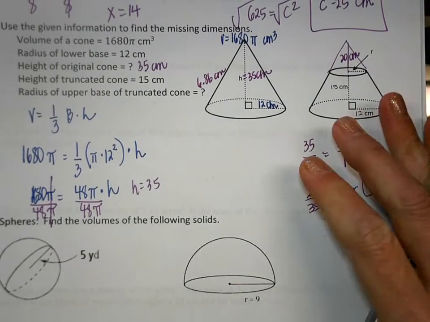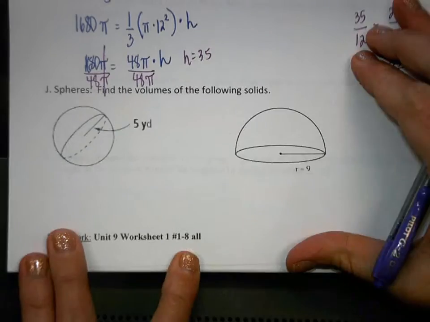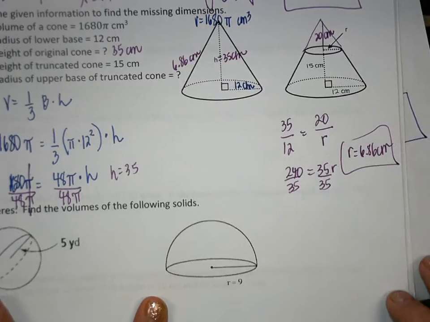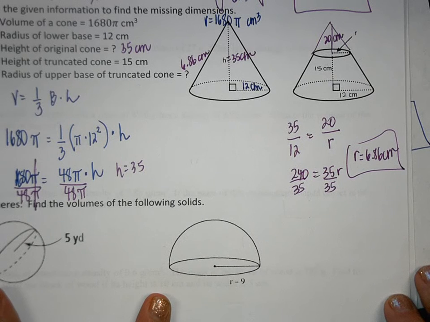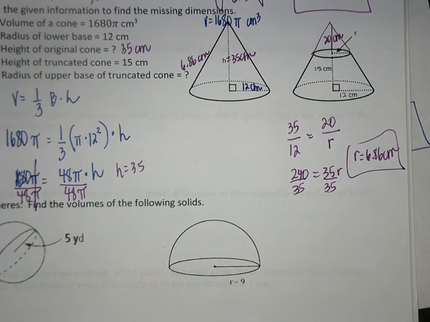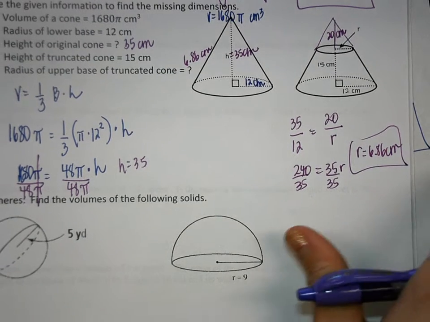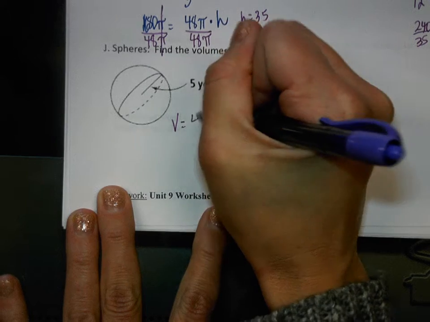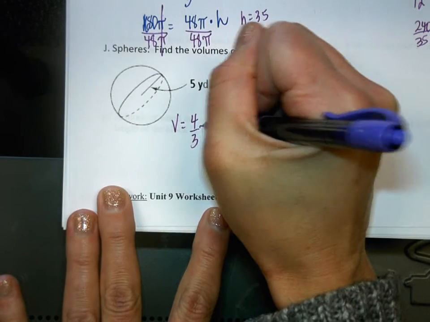Last one, we have a sphere. Okay, sphere has a different formula. What's the volume of a sphere? What's that formula? It's 4/3 pi r cubed.